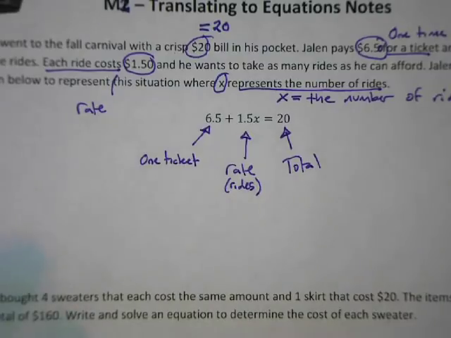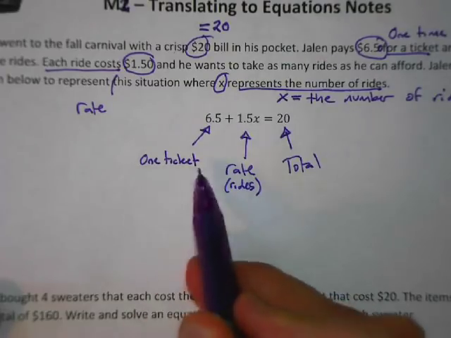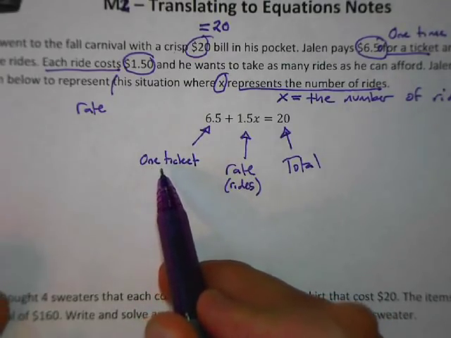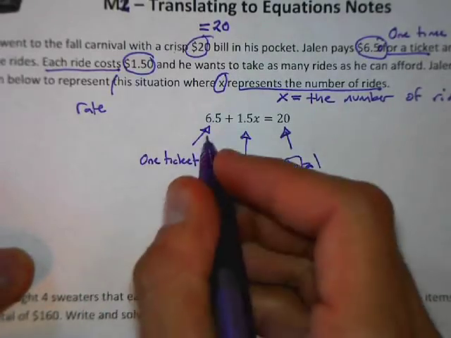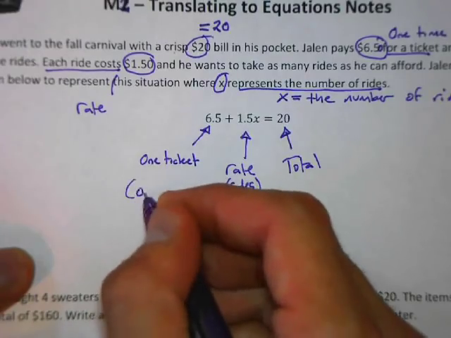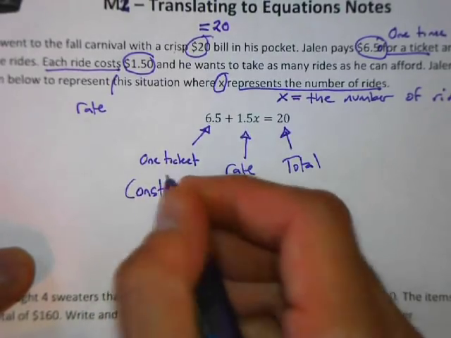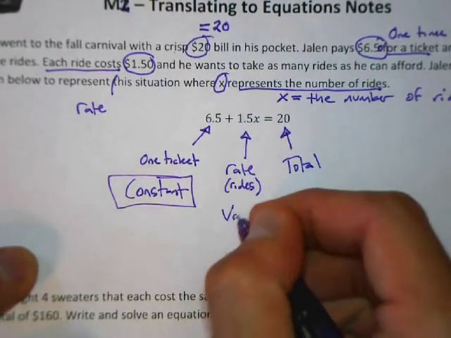When you're writing an equation like this, you're always thinking about which term is the constant, which term is only happening once. It's not being multiplied by any kind of variable. In this case, 6.5, $6.50, that's the constant. Then you're thinking about what's the variable term?